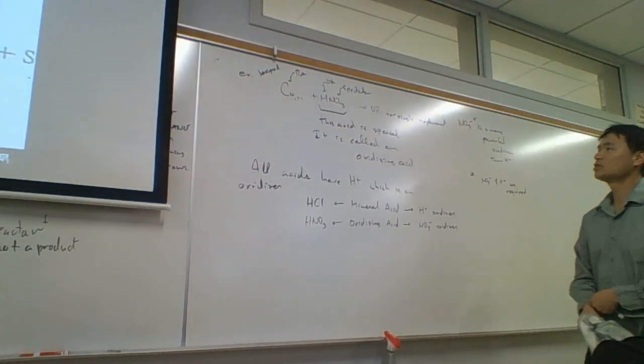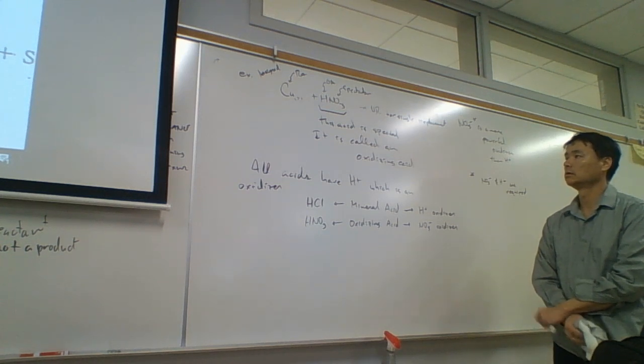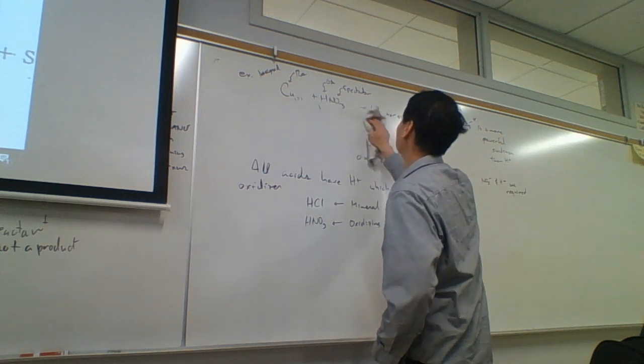In the chart method, what is the first step? Inventory. So let me erase this here.